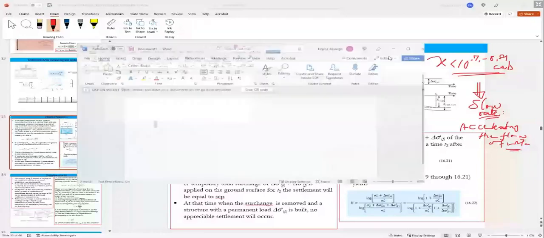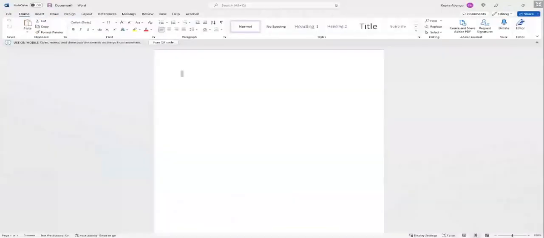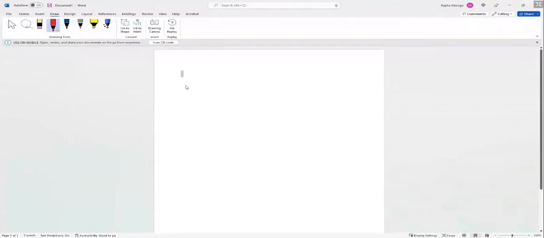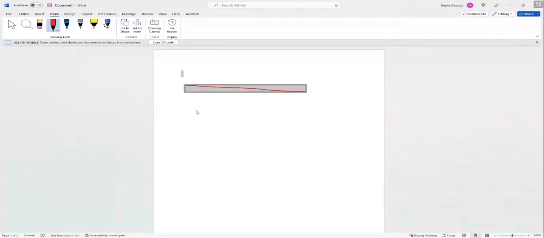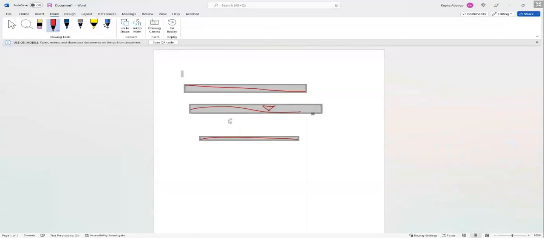Giving you some small lecture. Now, we talked about if you have soil saturated and it's clay soil, and you load that soil, this soil will undergo consolidation.